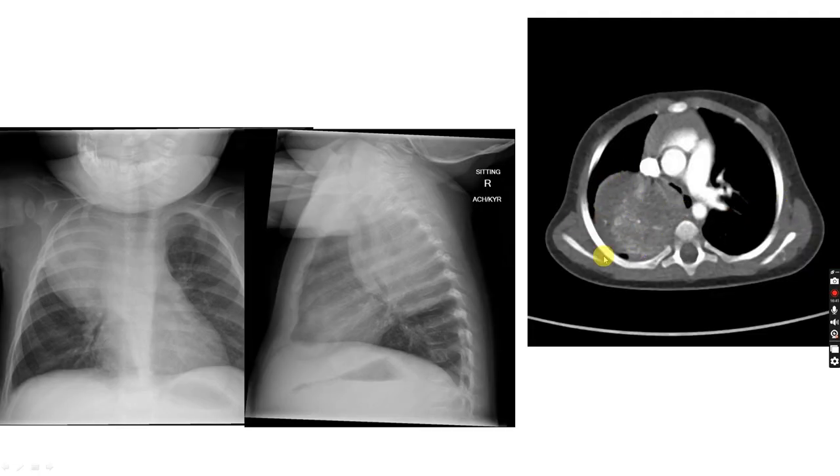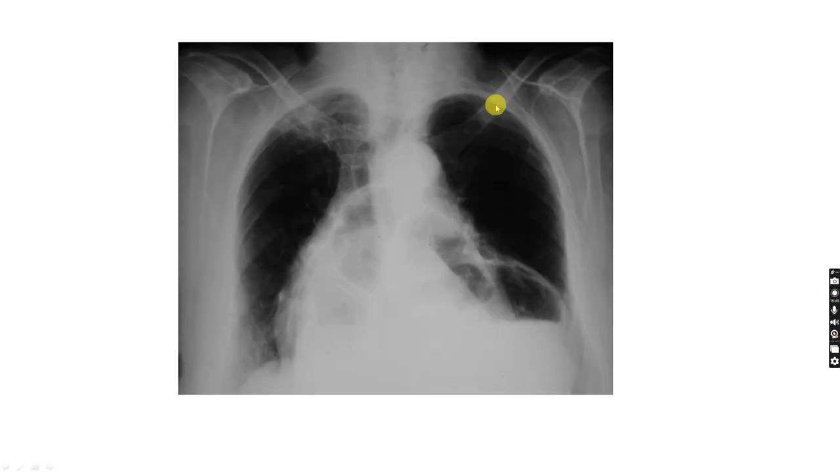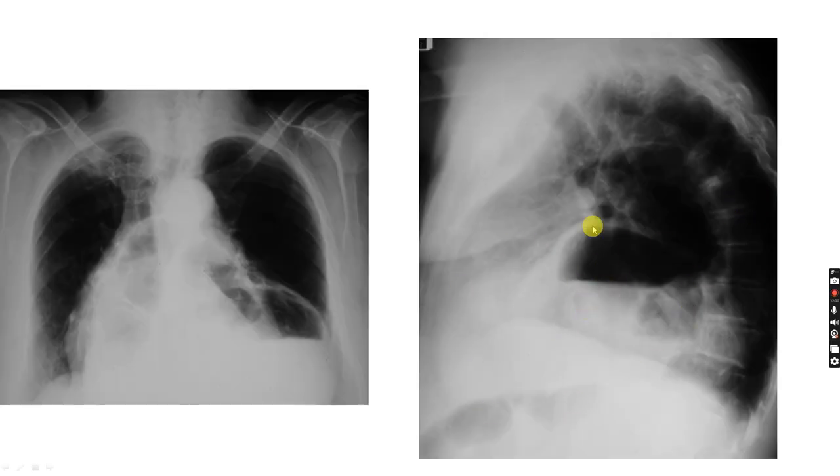This is a CT showing the lesion in the posterior mediastinum. So hope you understood. Okay, this is a frontal chest radiograph showing an air fluid level in the mediastinum. So it is a very classic hiatal hernia.